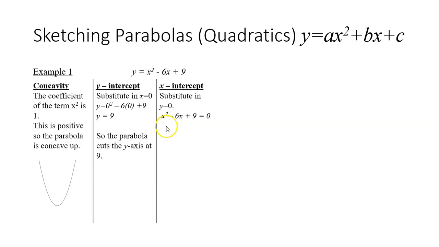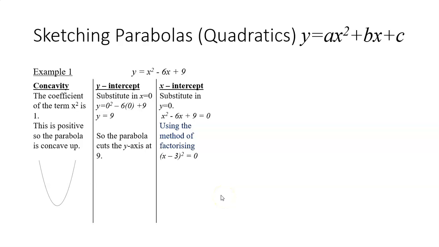So when it's monic, what I tend to say to myself is I want two numbers that multiply together to give positive 9, but add together to give negative 6. And when I do that, I find that it's a perfect square. We get negative 3 and negative 3, and we end up factorising like that. So you can practice your methods of factorising, and you should be able to get to these fairly quickly.